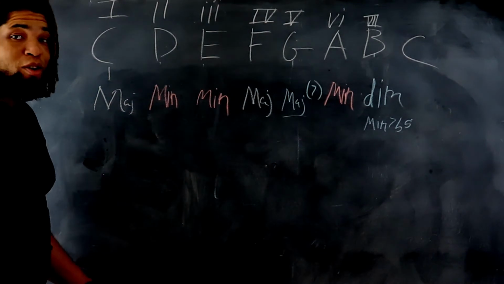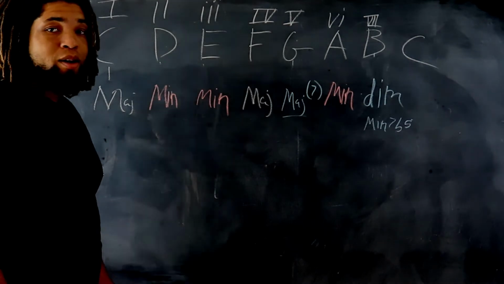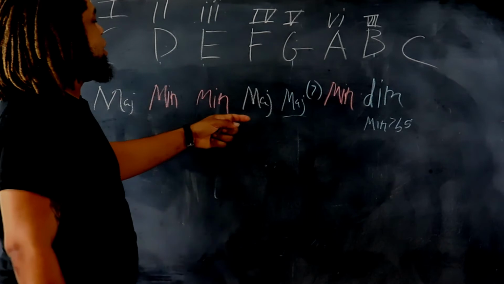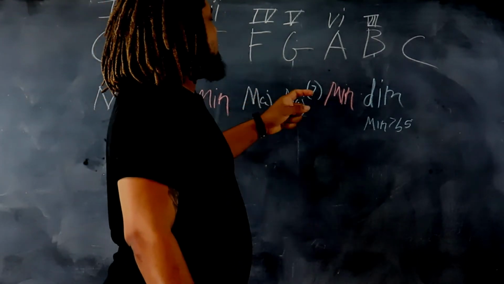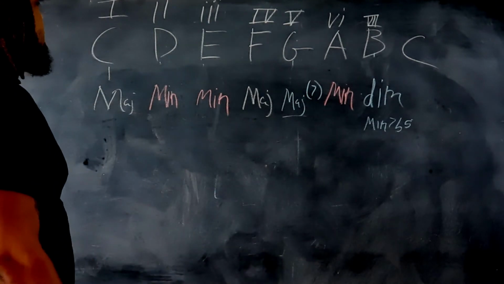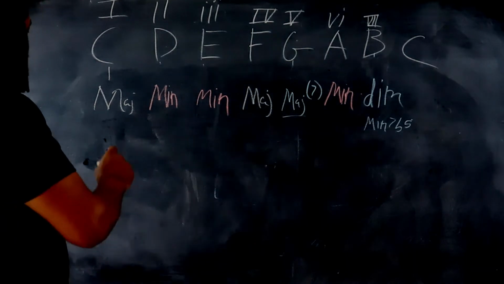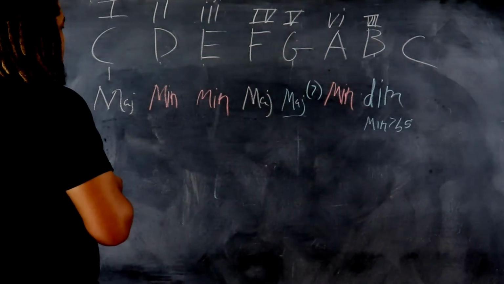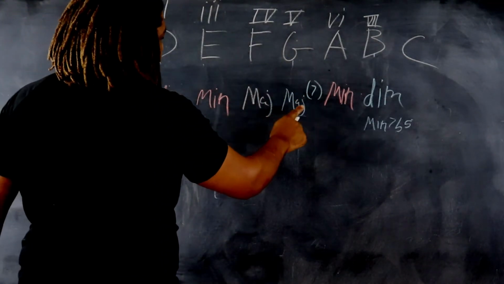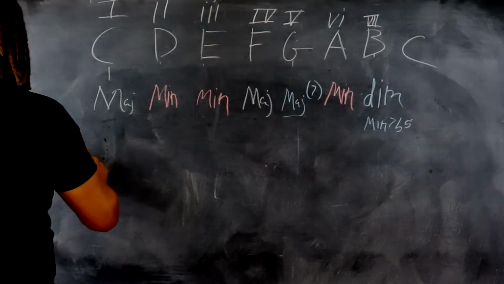Okay? So this is a chord scale sequence. What you want to repeat to yourself and get in your head is that if they ask you, what is a chord scale? Well, you would say a major chord scale is major, minor, minor, major, dominant, minor, diminished. Now, again, what we see here is that we have 3 major chords. Remember, the 5 does double as a dominant. Again, we'll talk about that later. But what we have is 3 major chords.